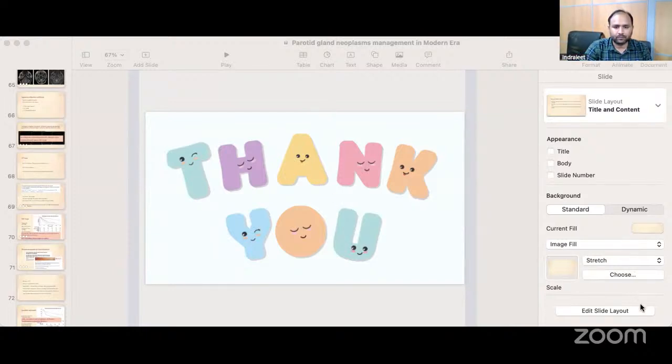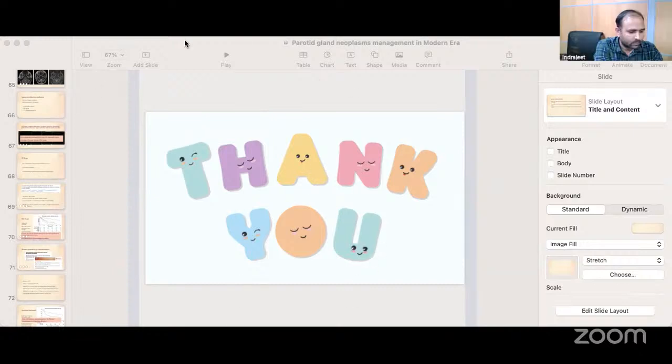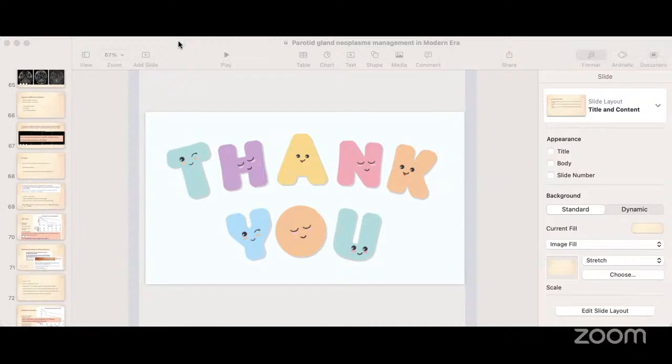The moderators for today are Dr. Shaji Thomas, a professor in the Department of Head and Neck Surgical Oncology, RCC Trivandrum; Dr. Amit Chiro, a professor in Head and Neck Surgical Oncology, AIIMS, Delhi; and Dr. Kiran Joshi, a senior consultant in Head and Neck Surgical Oncology, Action Cancer Hospital, Delhi. Dr. Indrajit, you may start.